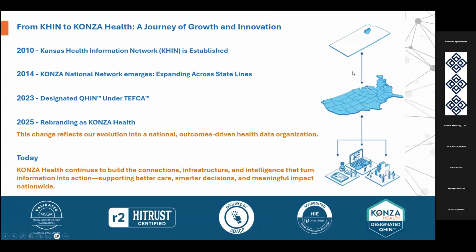So, first off, to give you an idea of our growth, because not everybody understands interoperability, where it started, how it's evolved. I won't go through all of the fun policy updates, but essentially we were established in 2010 as the Kansas Health Information Network, and that was in direct response to the American Recovery and Reinvestment Act of 2009, which held the HITECH Act, which was the catalyst for requiring organizations who bill Medicare or Medicaid to utilize electronic health records.